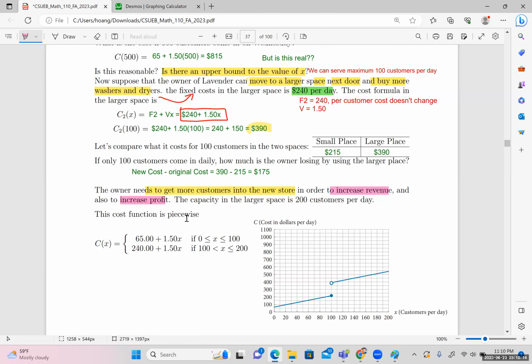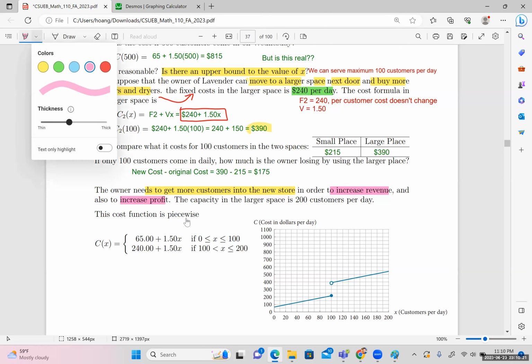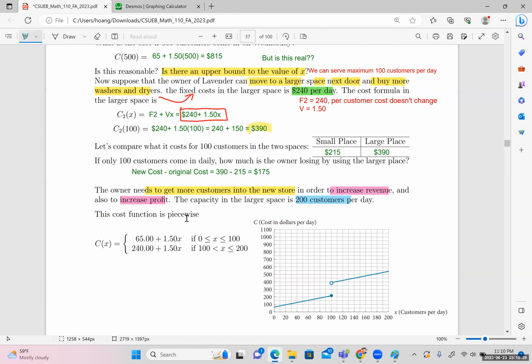And the capacity in the larger space now will be 200 people. So now X becomes 200 customers. Okay.